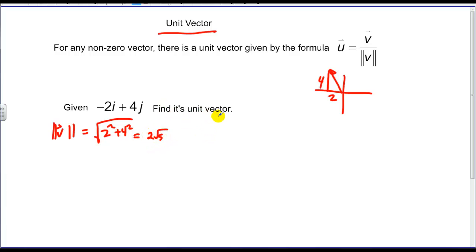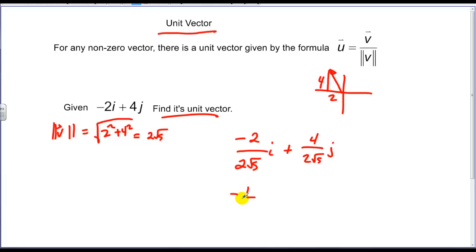And if I want to find the unit vector of this same vector, I take the -2, divide that by the magnitude of 2 root 5, and that's its i component, or its horizontal component. And then the vertical component will be given by 4 divided by 2 root 5. And that's the j.